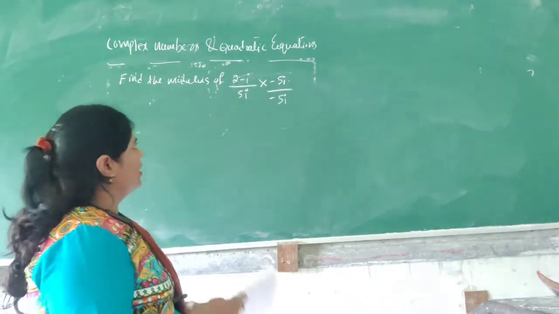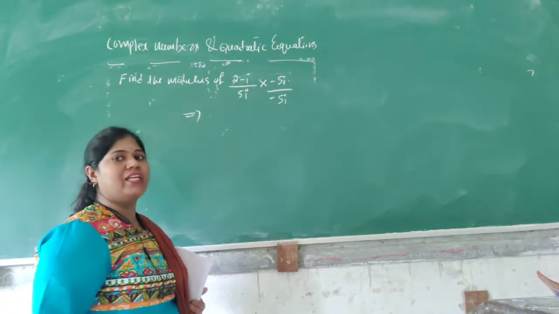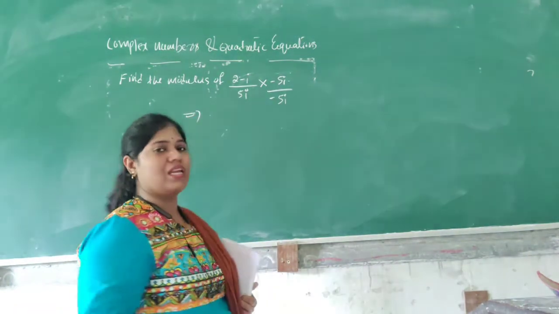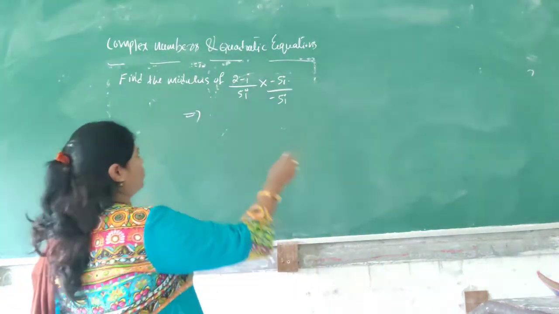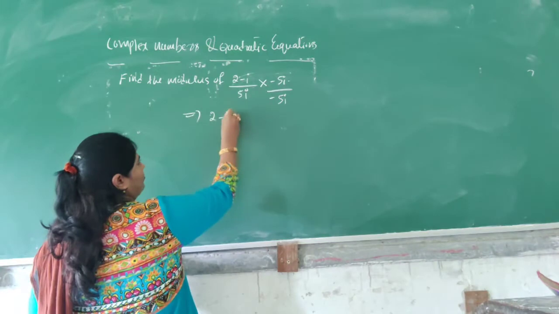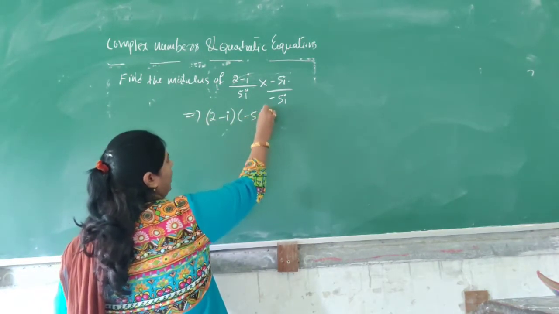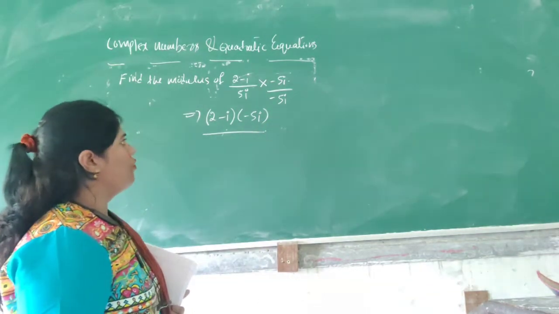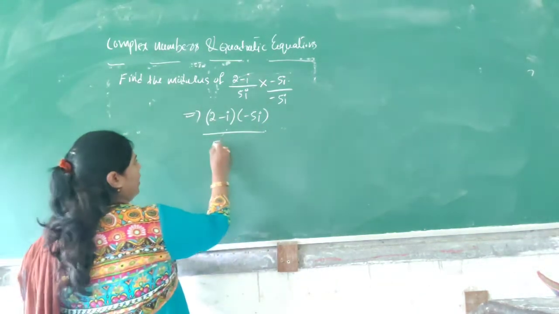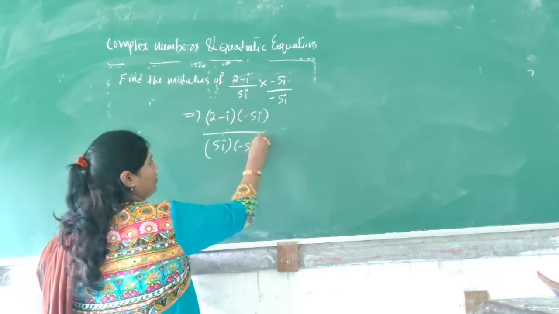After this, we multiply numerator to numerator and denominator to denominator. So (2 minus i) of minus 5i, divided by 5i into minus 5i.